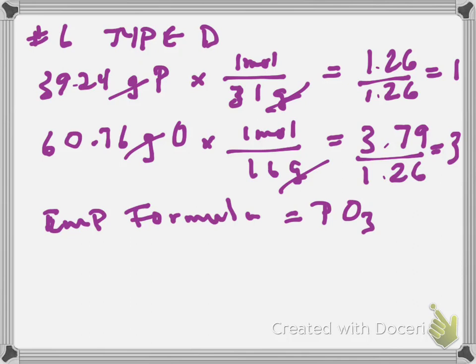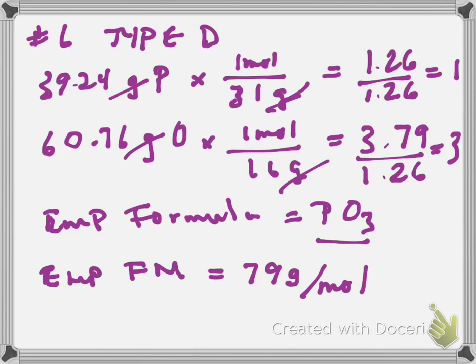All right, now we're basically going to do a type C to finish this up. Now we know the empirical formula. We can get the empirical formula mass, again using the periodic table, and that comes out to be 79 grams per mole.